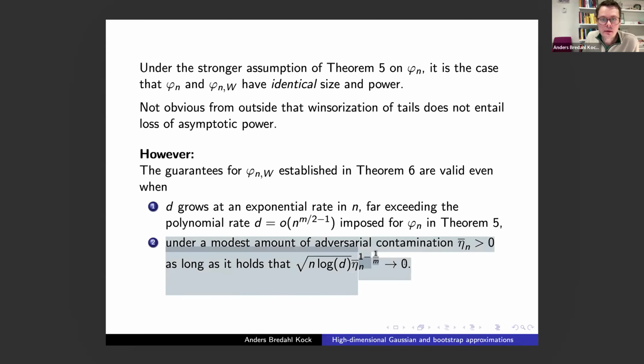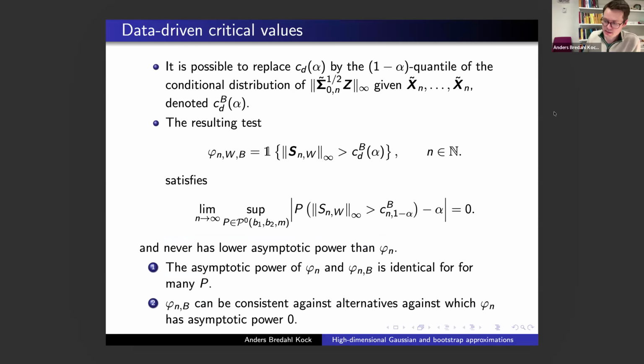The last thing I quickly want to mention only is that it is possible to replace these sequences of critical values from a Gaussian by data-dependent critical values. So I can instead look at the 1 minus alpha quantiles of a normal distribution with variance-covariance matrix being my estimator of the correlation matrix, and then consider this sequence of tests here.